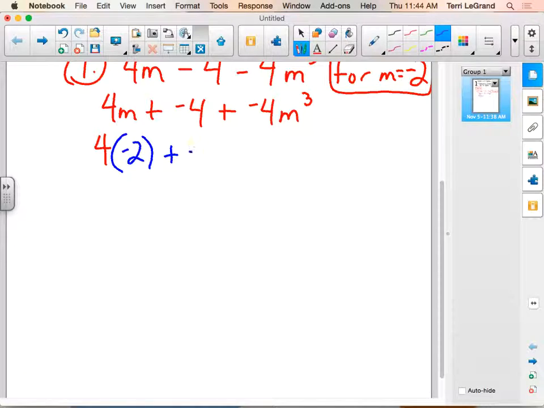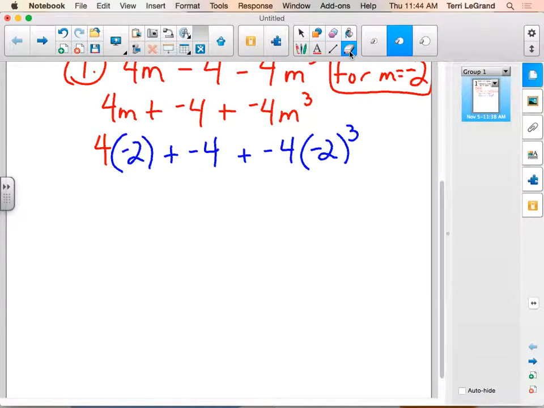And then plus negative 4, which, does it have an m involved with it? No, so there's no substitution there. And then plus negative 4 times negative 2 to the third power.